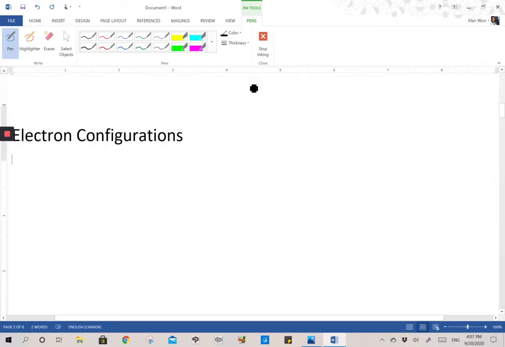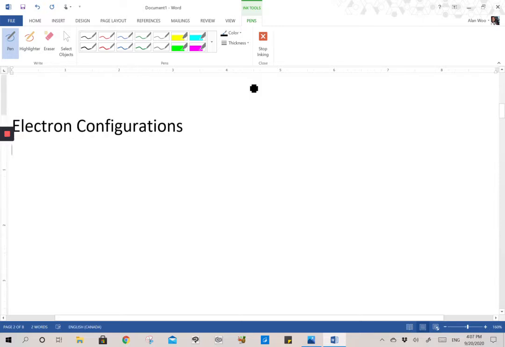Now, we've already gone through things like the quantum model. If I were to start with a quantum model of, let's say, this particular substance, see if you guys can figure out which one this is.